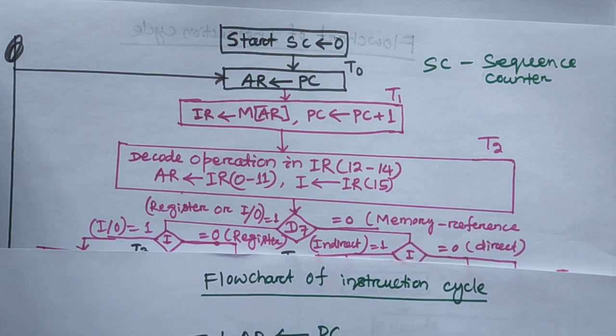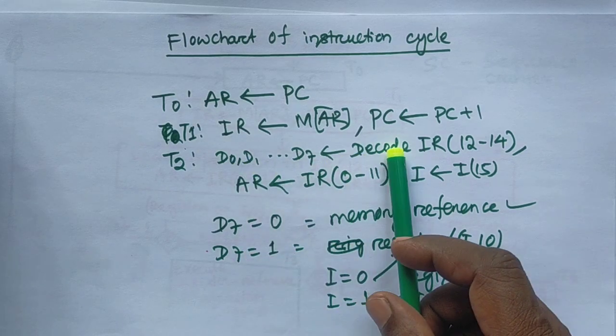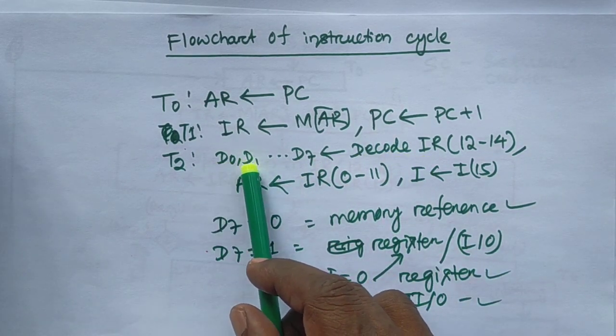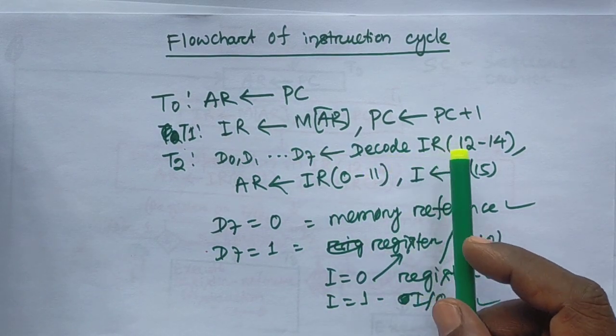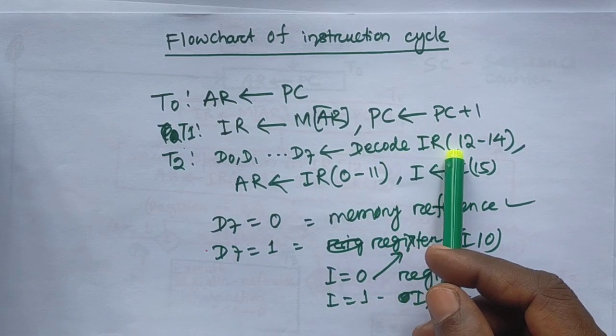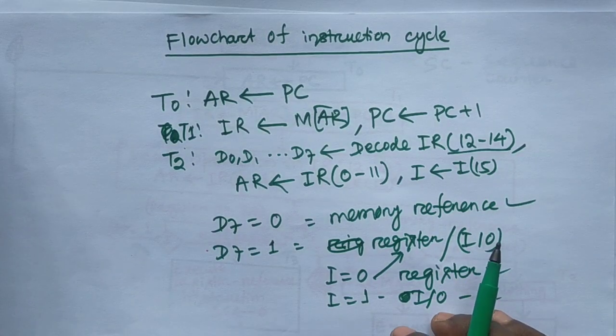And next, at T2 time, what happens? The opcode of the operation is decoded into D0, D1, D2 up to D7. The decode part of the instruction is in IR, the instruction register, particularly the opcode part, which is bits 12 to 14.